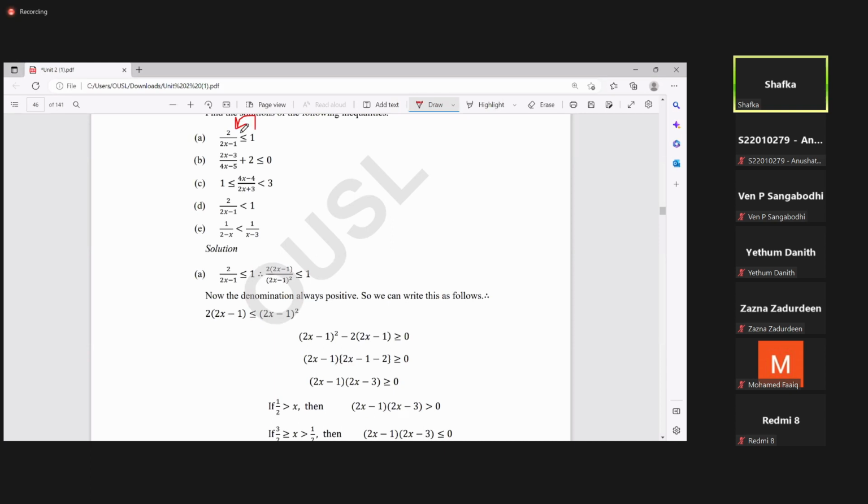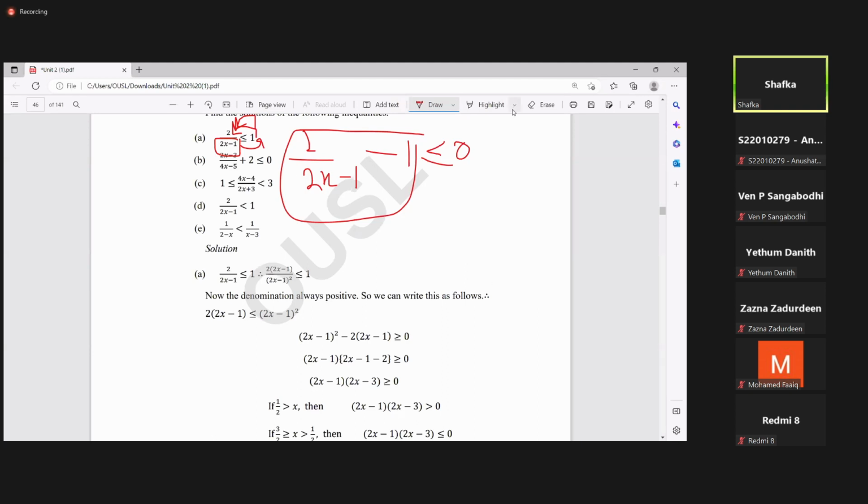Or else you can multiply both numerator and denominator by 2x minus 1. Make it positive and then you can multiply. Otherwise, you have to move this into the left hand side and you have 2 over 2x minus 1 minus 1 is less than 0. Simplify this left hand side and then perform the remaining mathematical operations.